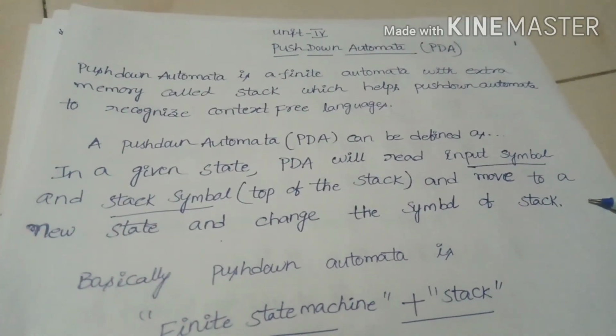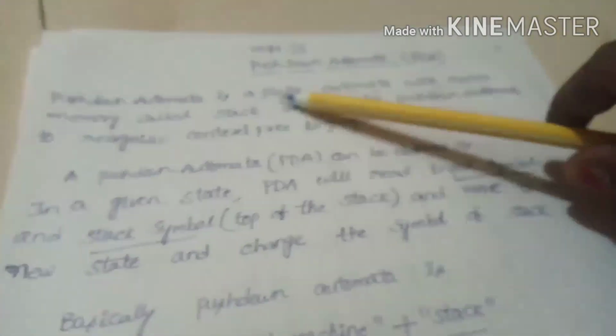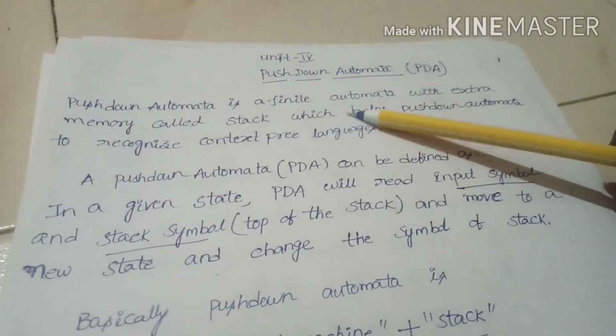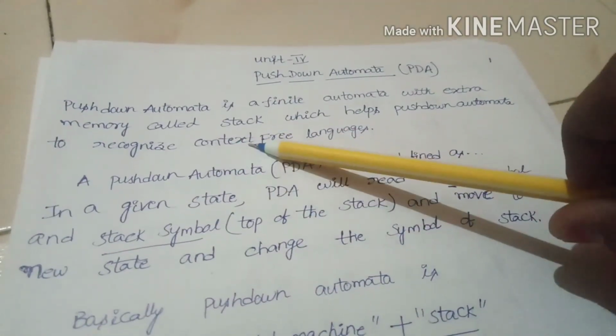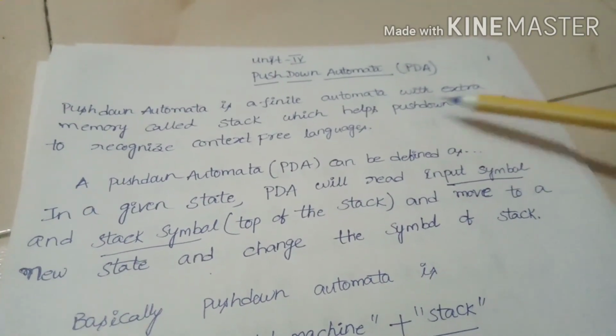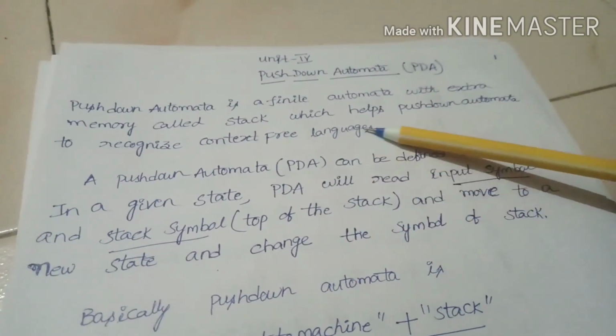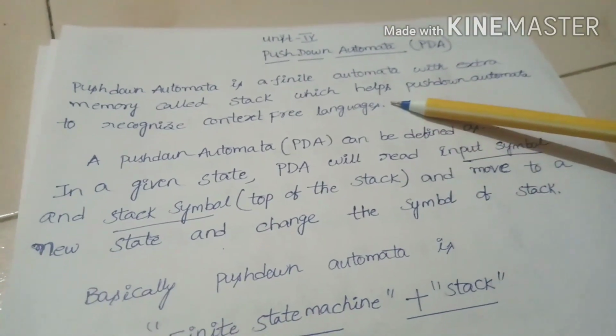In a PDA it is generally provided in the form of a stack. A pushdown automata is a finite state automata with extra memory called the stack, which helps the pushdown automata to recognize context free languages.